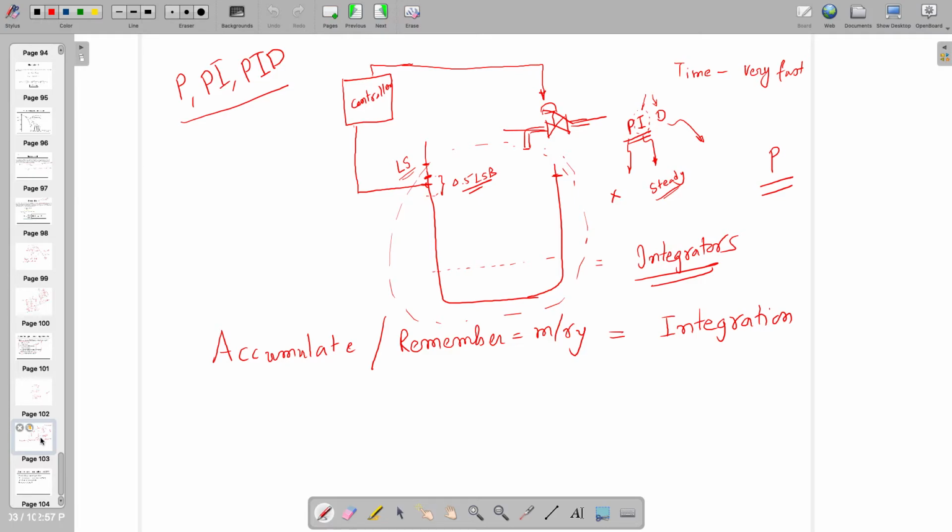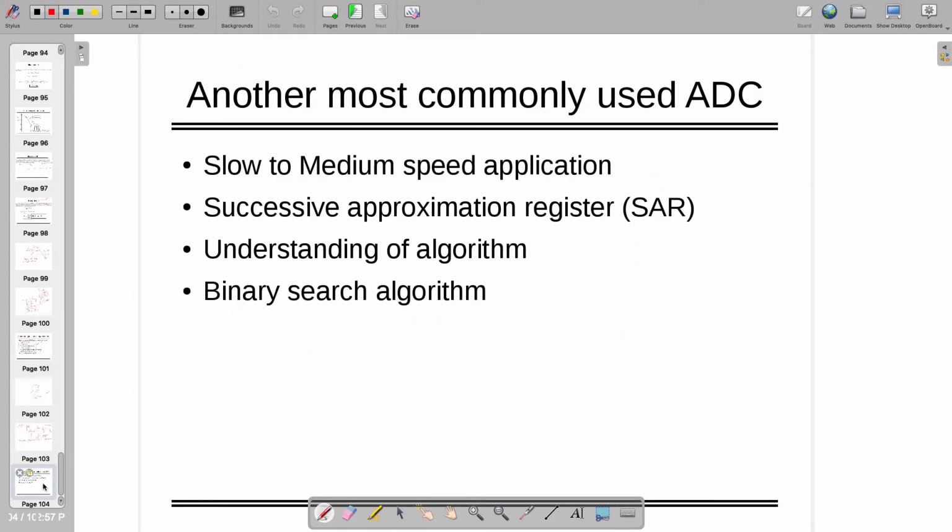So maybe in some mixed signal places you will find that it's a sequential circuit, so you are not going to add some extra integral or derivative action at all, right?